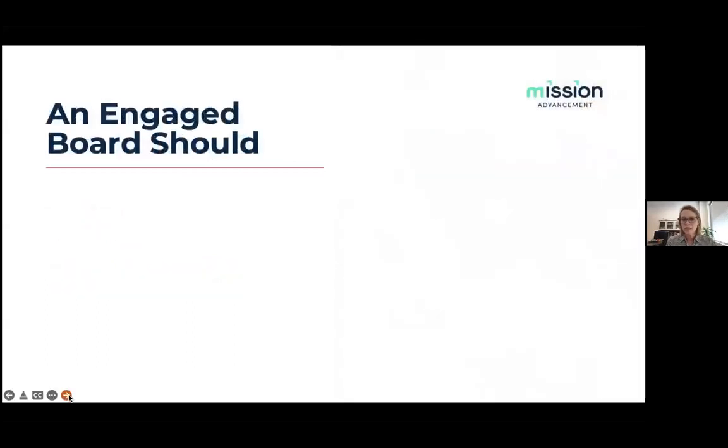So what does that engaged board do, or what should they do? Number one, they should have conviction for your mission. This seems very obvious, but sometimes we allow ourselves to enlist board members who perhaps represent an entity, a company or some other group in the community, and they're sort of there as a representative as opposed to a passionate supporter.